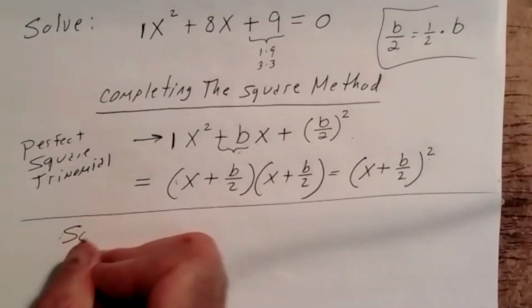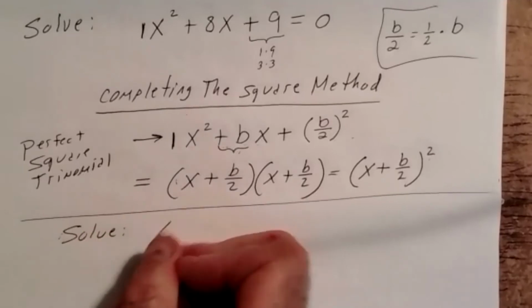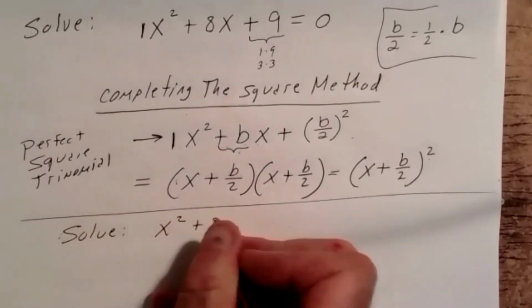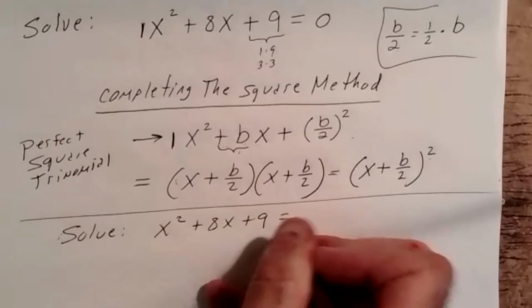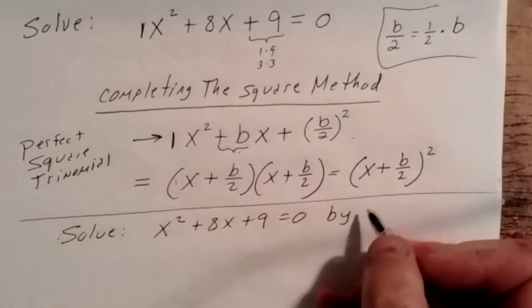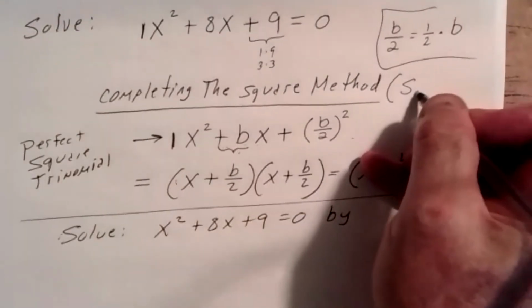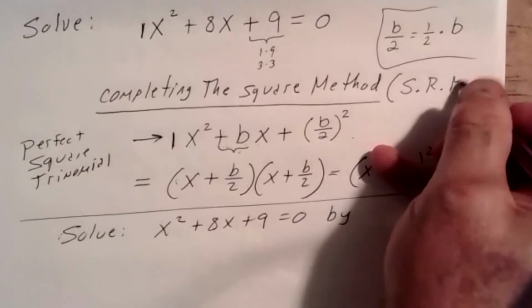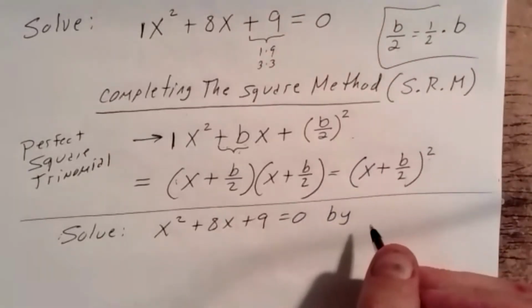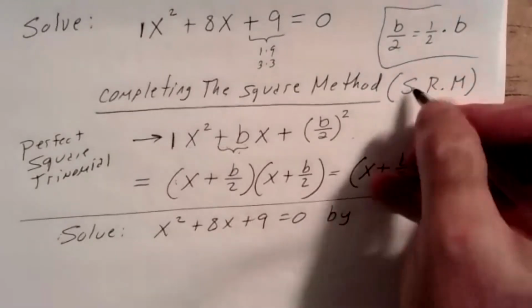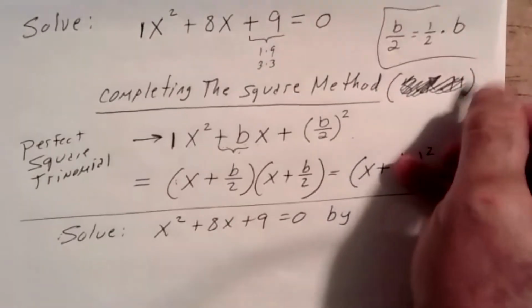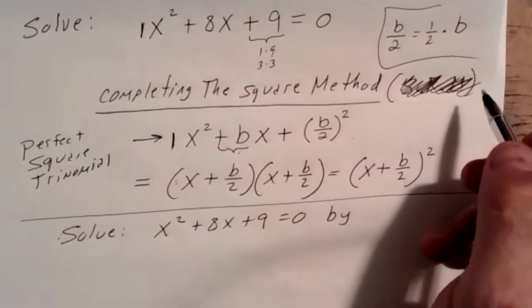So we're going to solve x squared plus 8x plus 9 equals 0 by the square root method. Wait a minute. That was the last thing. We're done with the square root method.